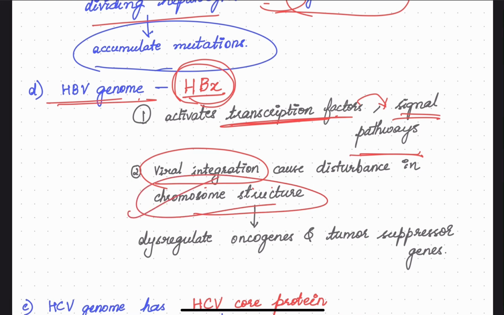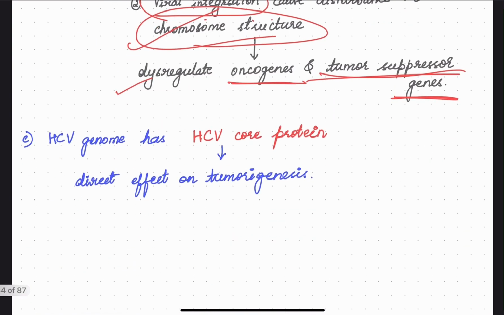The host chromosome structure is destroyed, which dysregulates oncogenes and tumor suppressor genes. When these are dysregulated, the tumor grows. And HCV has a core protein, which has a direct effect on tumorigenicity.